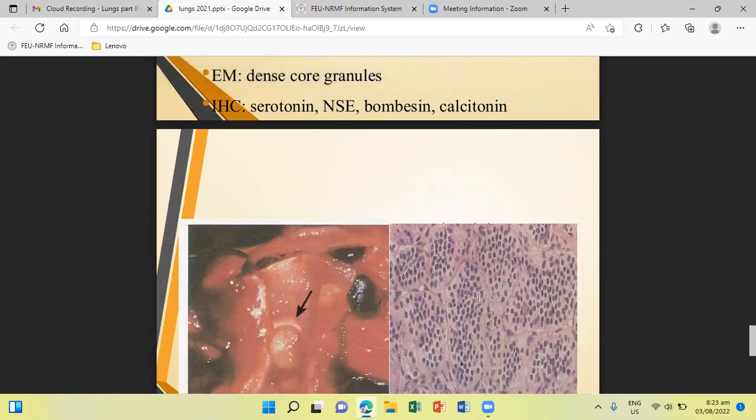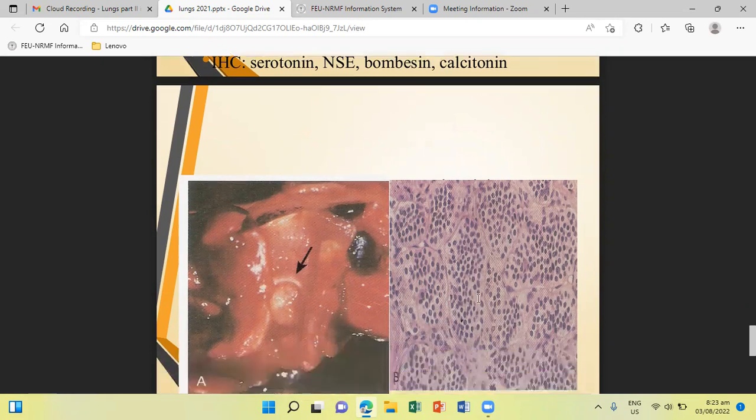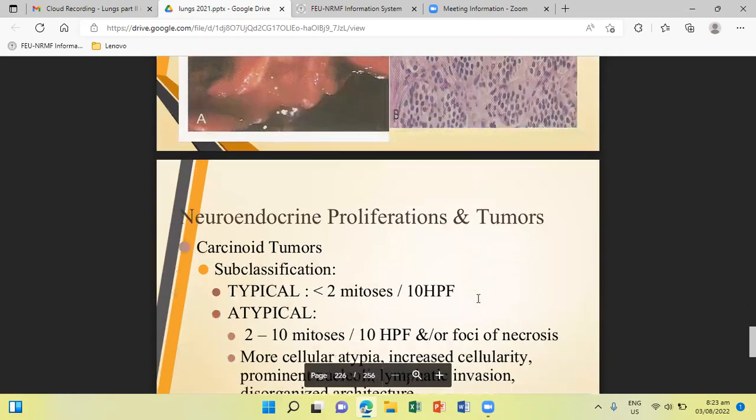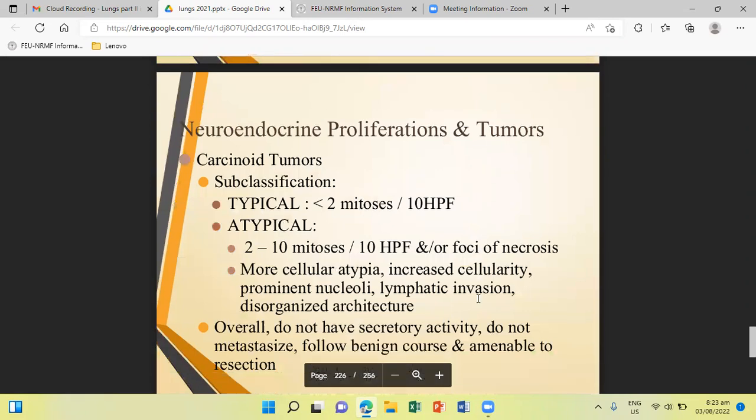So when you diagnose carcinoid, it is important for us pathologists to say if it is atypical or typical. And how do we do that? We have to count the number of mitotic figures. Is it less than 2 or is it more than 2 per 10 high power fields? We have to observe for evidence of atypia, lymphatic invasion, cellularity, nucleoli.